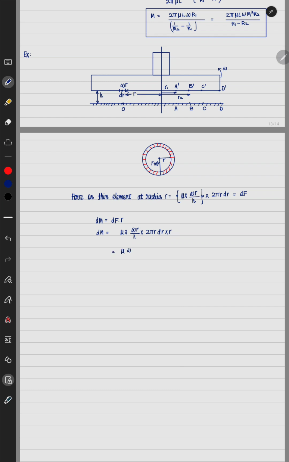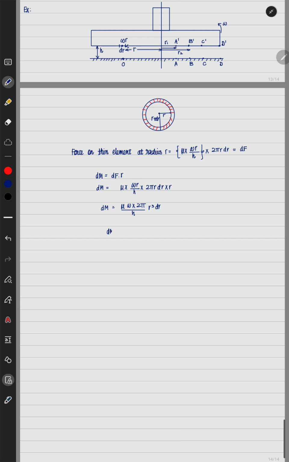So dM equals 2 pi mu omega divided by h into r cube dr. Integrating from r equal to 0 to r equal to capital R, where dM is 0 at r equal to 0 and the total torque M at r equal to capital R, we need the integral of r cube dr. So M comes out to be 2 pi mu omega by h into r to the power 4 by 4, and M comes out to be pi mu omega R to the power 4 divided by 2h.